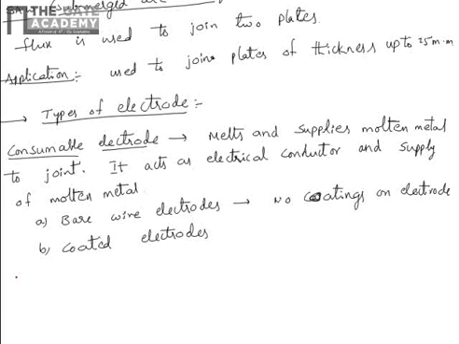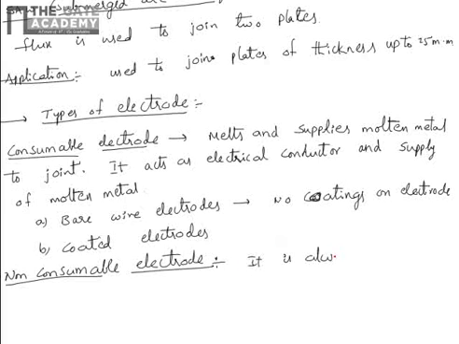The consumable electrode material is same as the parent material, that's why it's not mentioned. Non-consumable electrode is always a bare wire electrode. There is no coating, because it is not consuming, so there is no need of coating.